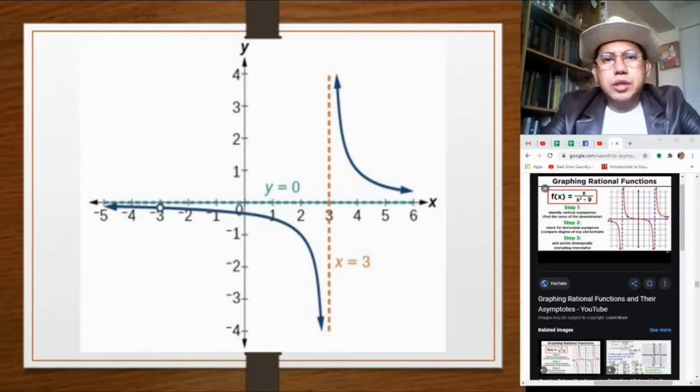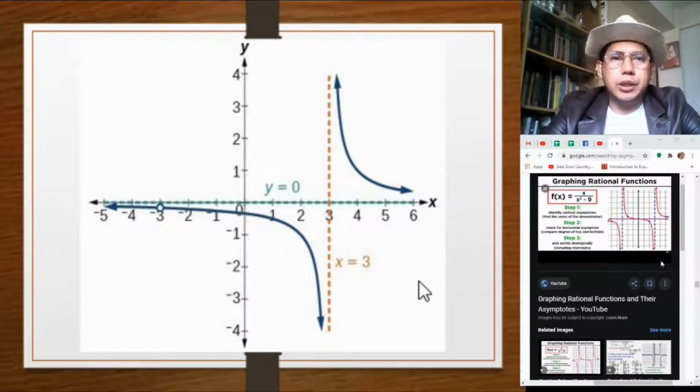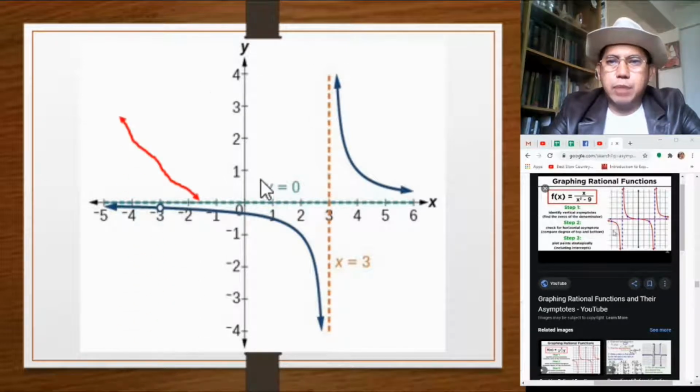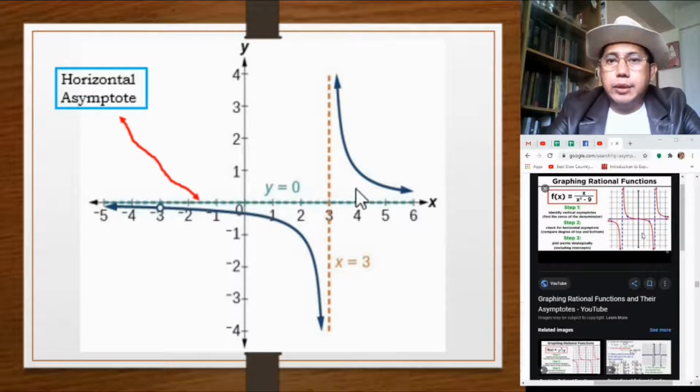So consider this graph. You remember the lecture we had last time in series number 4? We have here the graph of the rational function. Now you will notice here I told you that I'm going to explain what is meant by this horizontal line, or shall we say, the horizontal asymptote.